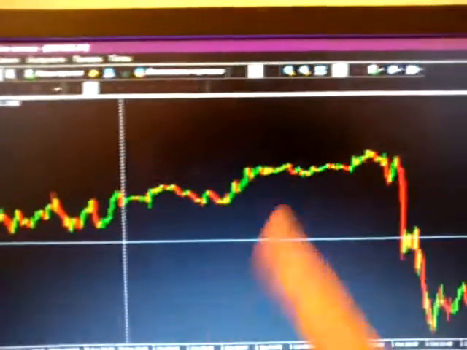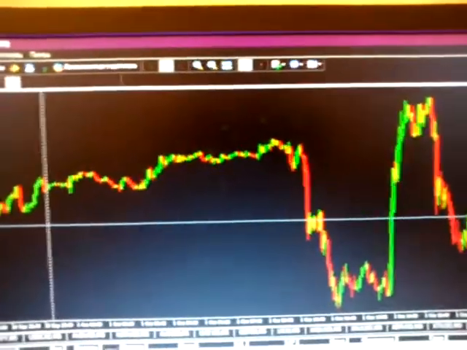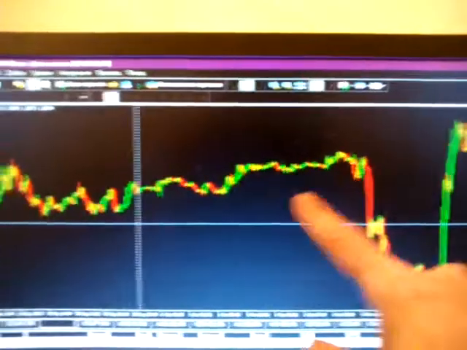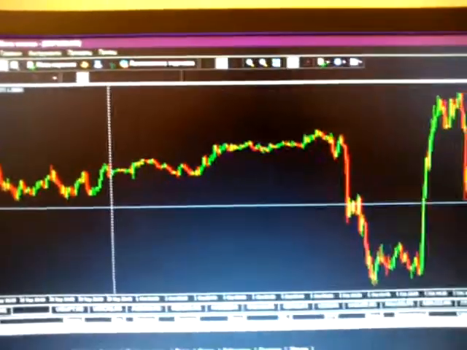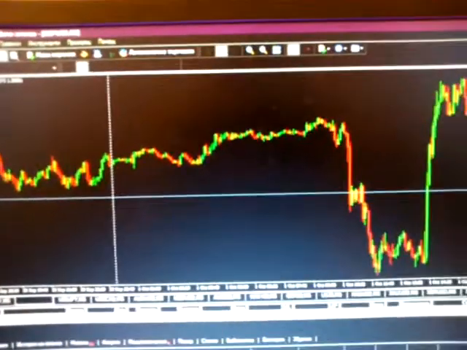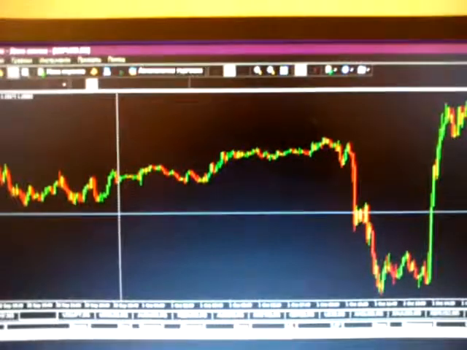But impulses, something like that. Markets move, some people say, in steps, not gradually. A gradual movement, of course, happens, but it happens as a private case.